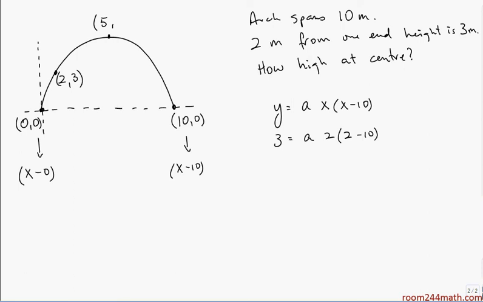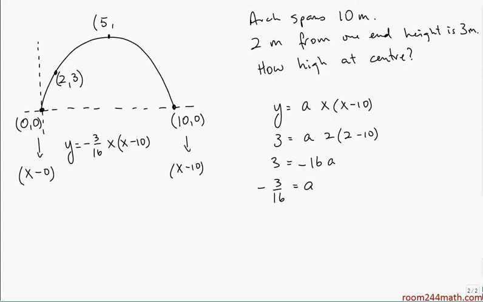So 2 times (2 minus 10). 2 minus 10 is negative 8, so we get negative 16a equals 3. So a is equal to negative 3/16. So this quadratic we could write as y equals negative 3/16 times x times (x minus 10).